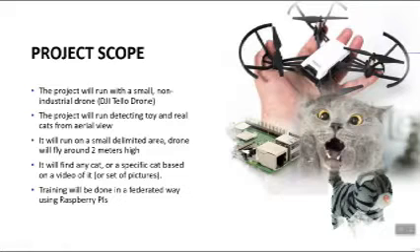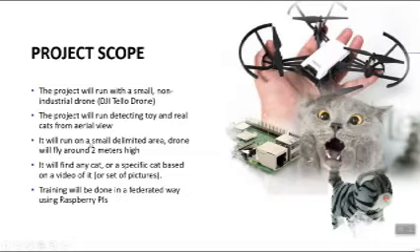Then the project will run detecting toy and real cats from aerial view. Toy cats because they are easier to handle, and you'll see why. And also real cats. I want to detect real cats too.